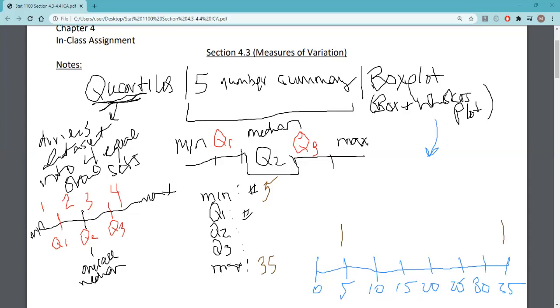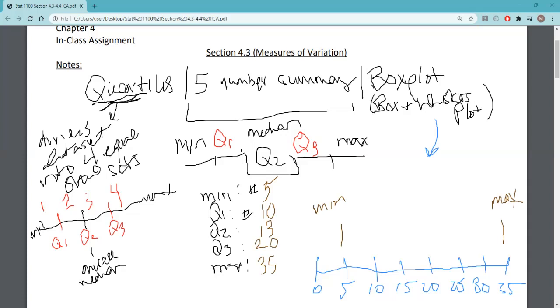So I have a line drawn for our min, our max, and then also for our quartile values. So let's say that it's 10, 13, 20 as our quartiles. I'm going to go in and draw a line for those values as well.